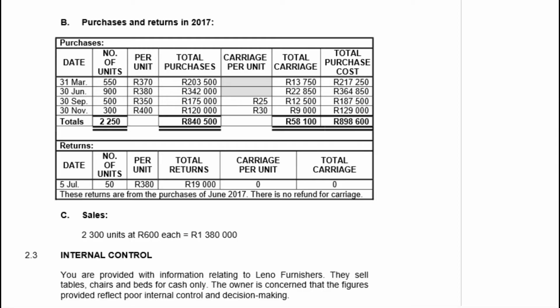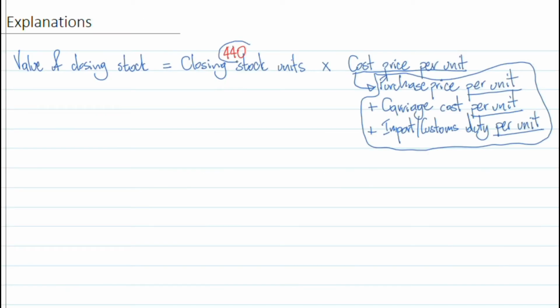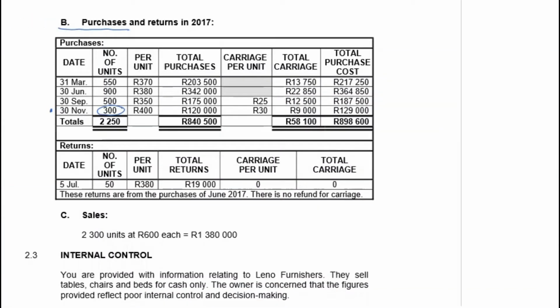In information B, under purchases, we can see that the company bought stock 4 times during the year. The last purchase was on 30 November 2017. There were 300 units purchased on that date, but we have 440 units of closing stock which we need to value.